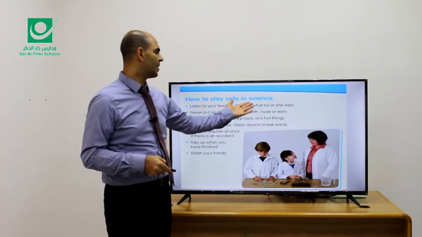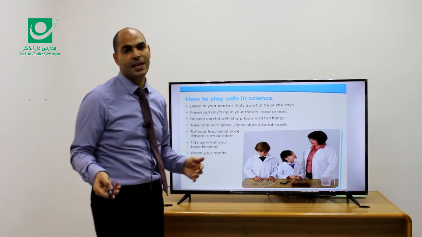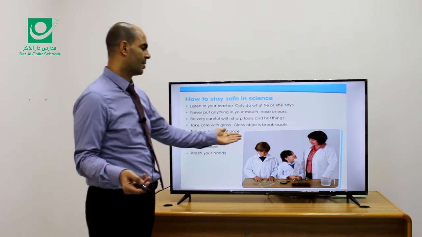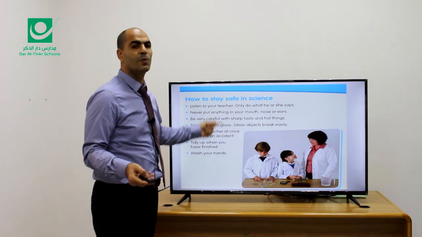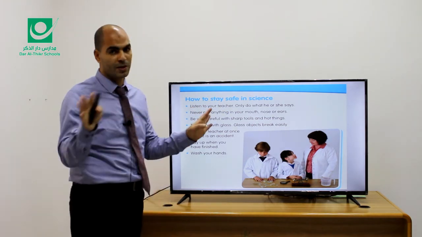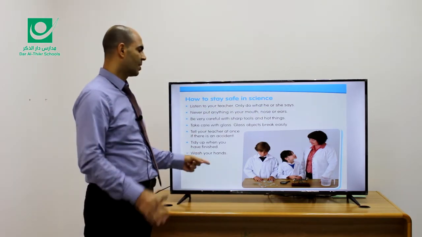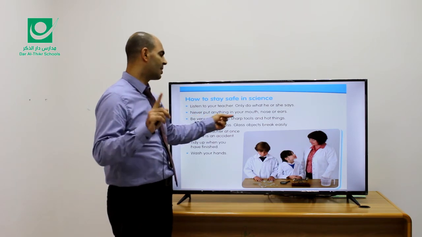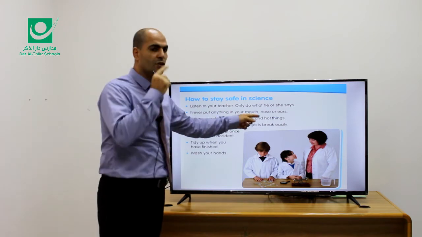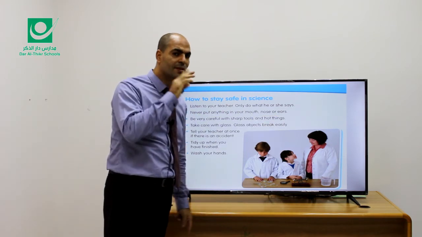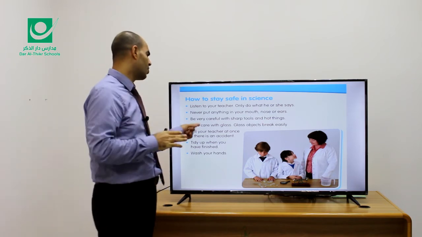How to stay safe in science? So, look at the picture. The teacher is teaching the kids how to be safe in the science lab. She tells them to listen to her. So you have to listen to the teacher all the time. Only do what he or she says. Number 2, never put anything in your mouth. Don't put anything in your mouth or nose or ears. Never ever put things in your eyes or in your mouth.